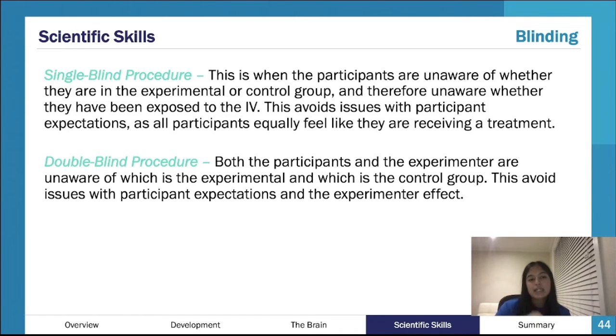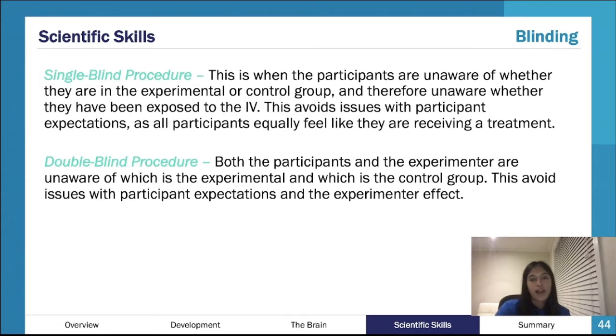So single blind and double blind, it basically conceals which group the participant is in so that the participant doesn't, often unconsciously, influence the results. So if you are testing improving a headache with Panadol or some other miracle drug, if you tell the person, okay, you are receiving this miracle drug, or if you tell the person you are not receiving this miracle drug, that's going to influence their responses.